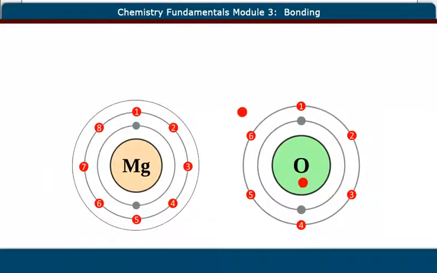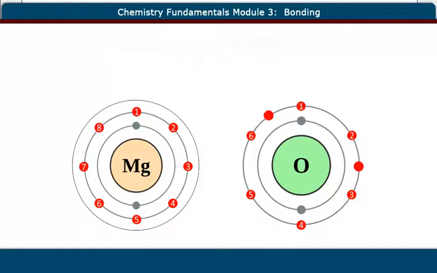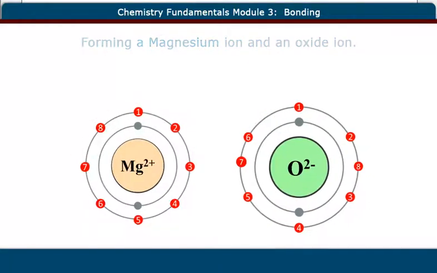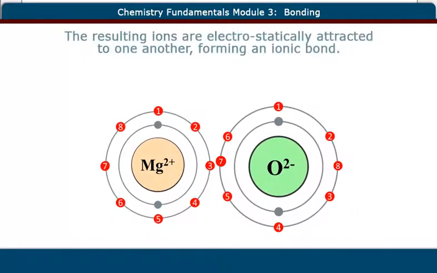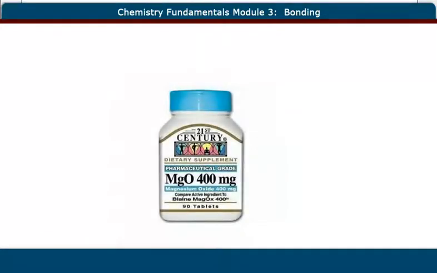So magnesium transfers its 2 valence electrons to oxygen, forming a magnesium ion and an oxide ion. The resulting ions are electrostatically attracted to one another, forming an ionic bond. This results in a brand new substance, magnesium oxide.